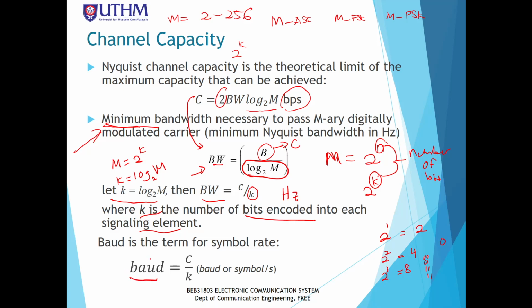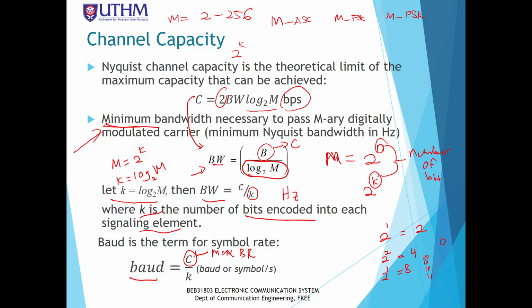So baud is equal to c, the channel capacity, which is the highest bit rate, the maximum bit rate, divided by the number of bits per symbol. Number of bits for each of the symbols.